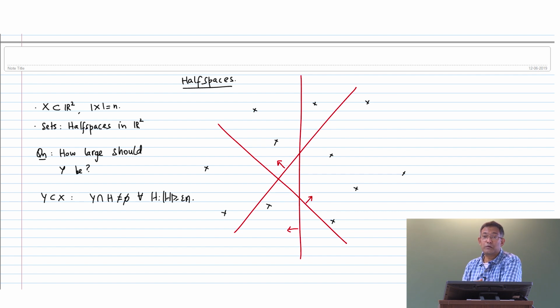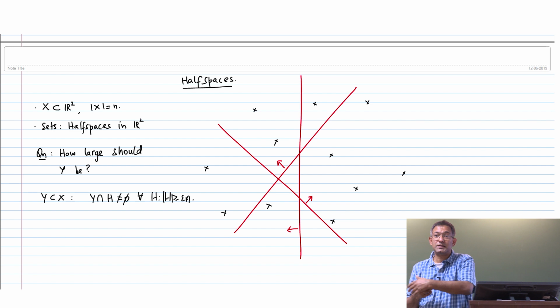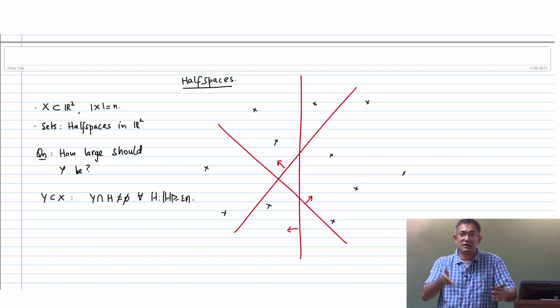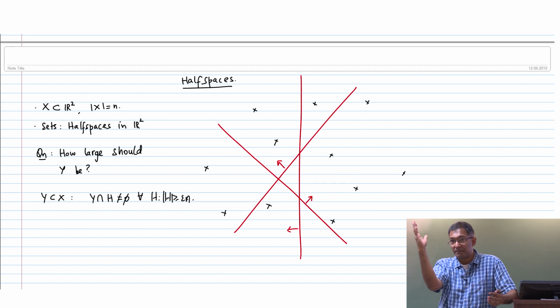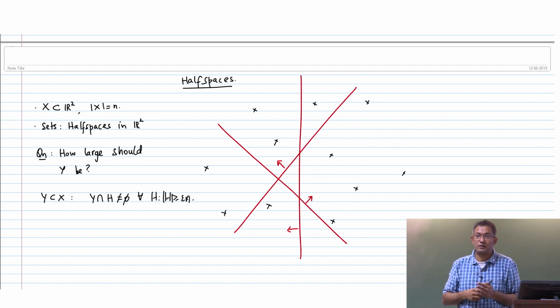We want to find an epsilon net for this set system, which means if I give you a set of points and half spaces, you want to pick a subset of these points so that if I look at any half space that contains at least epsilon n points, then one of your chosen points must be in it. No, for every line. I want to pick a set Y, a subset of X, such that for every half space containing at least epsilon n points, Y intersection the half space is non-empty. The question is, how large should Y be?